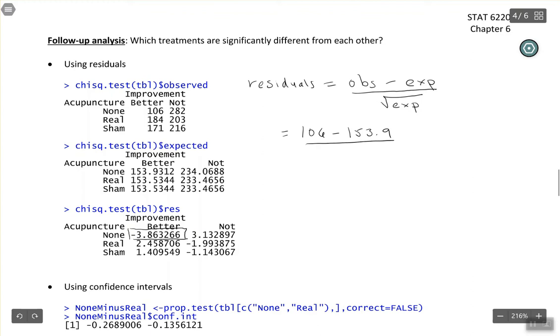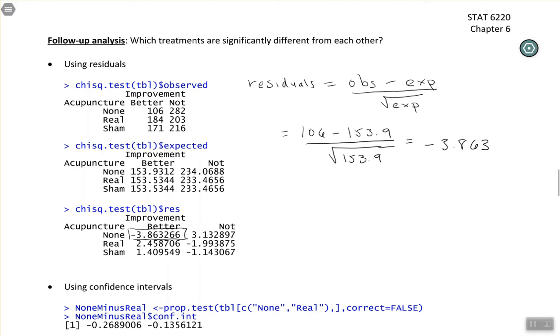I'm rounding a little bit. Then divide by the square root of 153.9. And that's where this residual comes from, this negative 3.863.